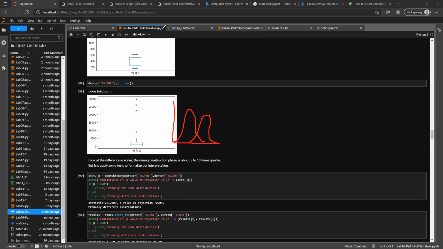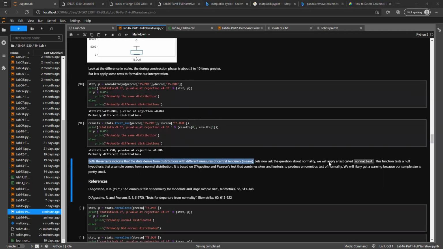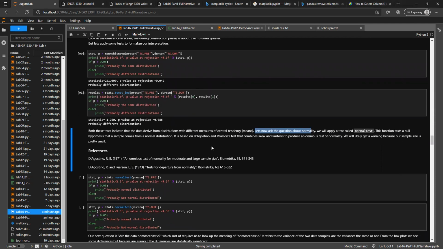The next one we're talking about is normalcy. How normal are these distributions? We're going to test the null hypothesis that the sample comes from a normal distribution. Now, I don't think we use this specific one. I think we used the Shapiro one before, but they're similar enough.